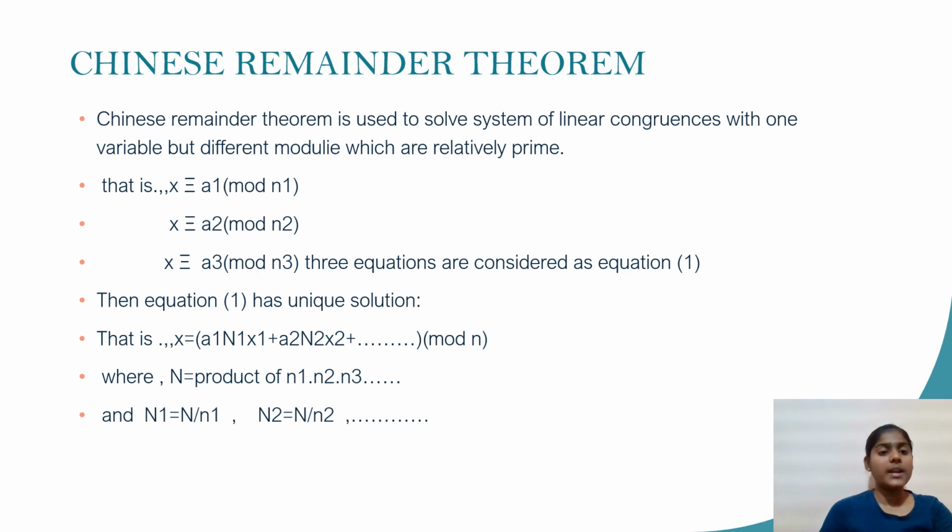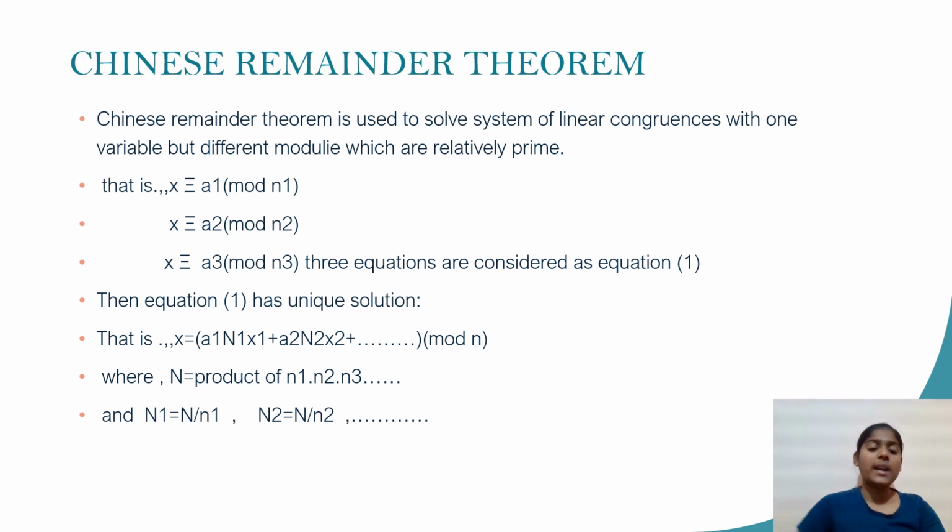Next, let's look into the next topic, that is Chinese remainder theorem. Chinese remainder theorem is used to solve a system of linear congruences with one variable but different moduli which are relatively prime. That is x congruent to a1 in mod n1, x congruent to a2 in mod n2, x congruent to a3 in mod n3. These three equations are considered as equation 1.